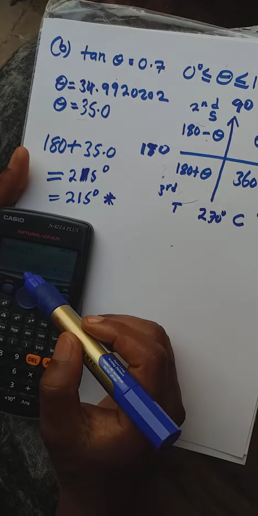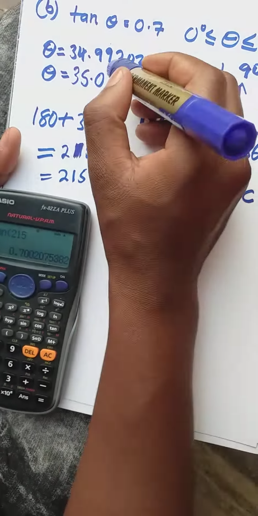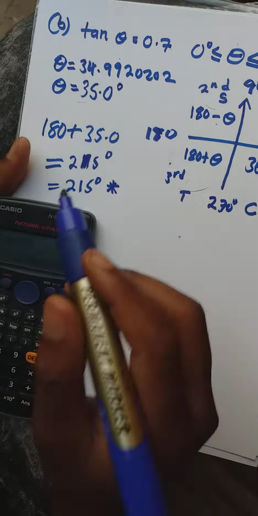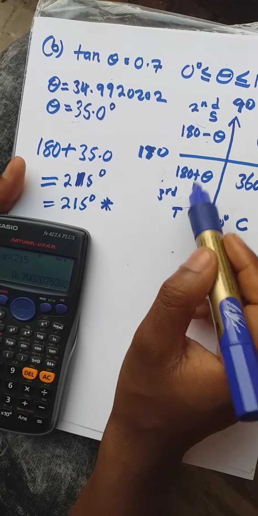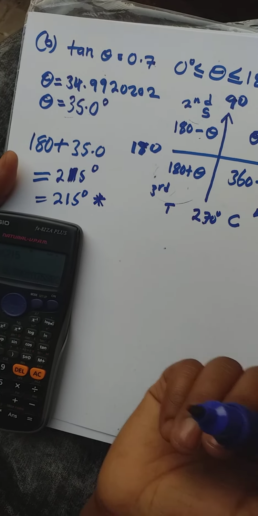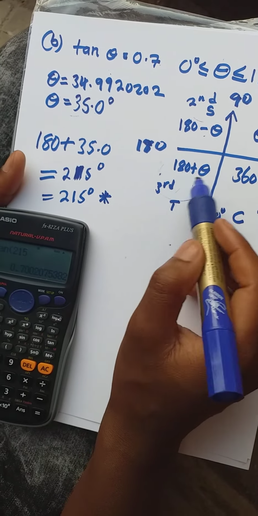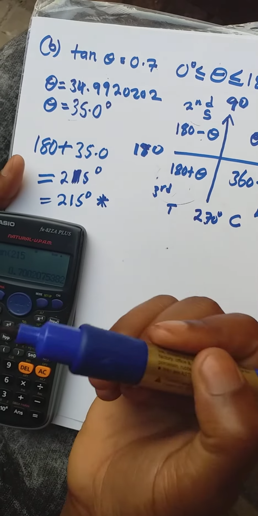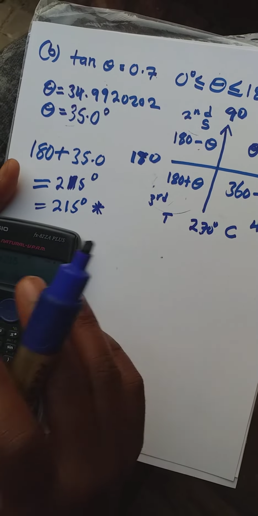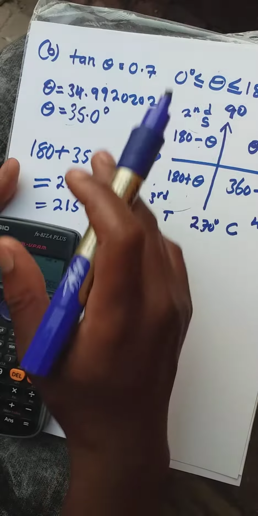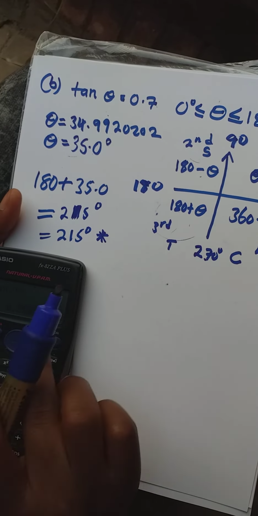So apart from the 35 degrees that we found here, the other angle that can give you 0.7, which is positive, is in the third quadrant, because that's where tan is also positive. And the angle is coming out, because of the relationship that is there, to be 215. So 215 is correct. When you press it on the calculator, it will give you 0.7. That's correct. It's the other angle that can give you 0.7, but it is not qualifying to be the answer here, because of the limitation.